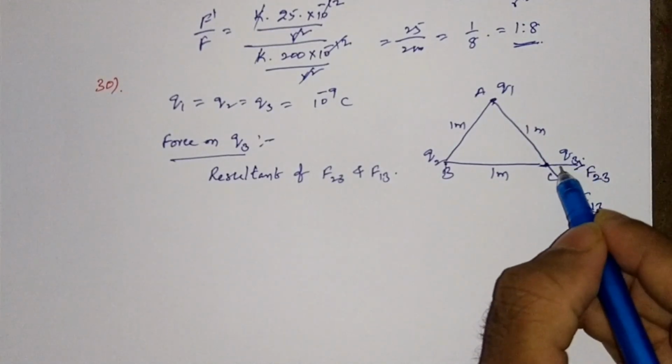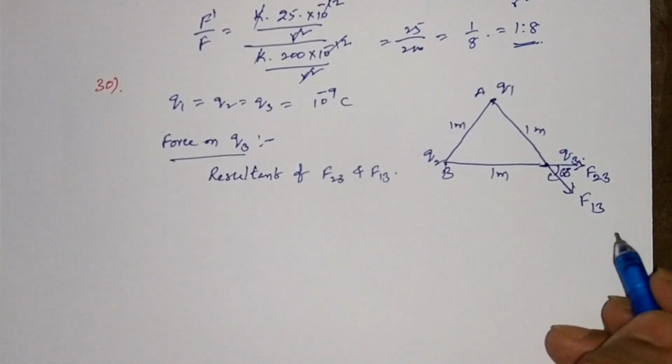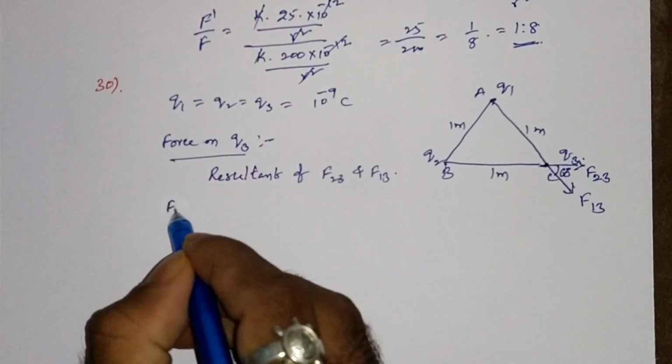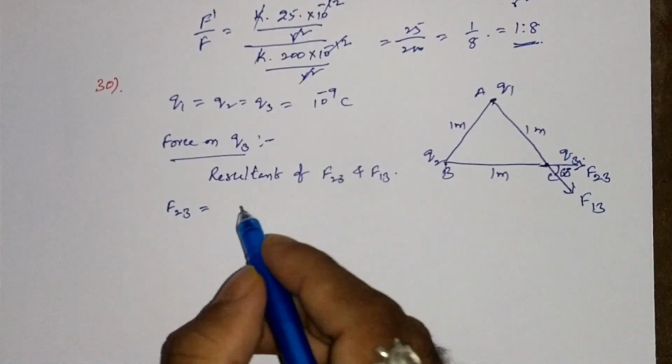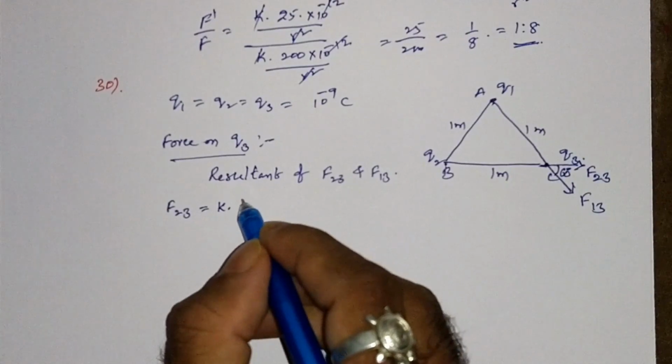And what is the angle between them? It will be equal to 60 degrees because it is an equilateral triangle, right? First let us calculate F23, that is 1 by 4 pi epsilon naught, I am taking again as constant k.